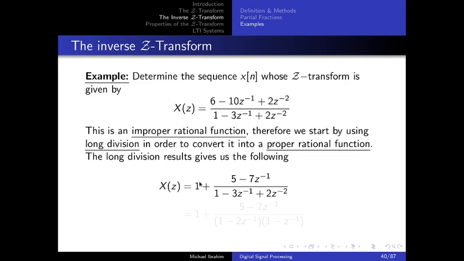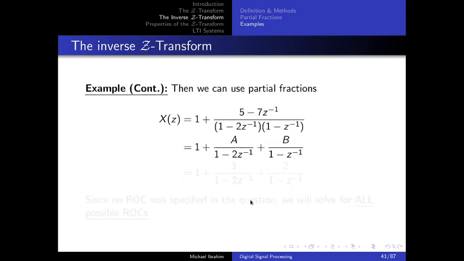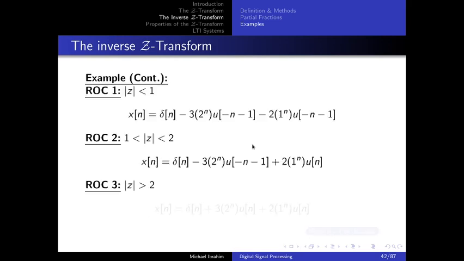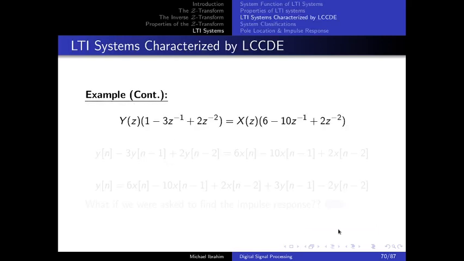Here it's just z to the power 0, but it can also be plus z to the power minus 1 plus z to the power minus 2. And now we will get a proper rational function which can be done using partial fraction, and the general form would be the z to the power minus k terms plus the terms we get from the partial fraction, a constant over 1 minus 2 z to the power minus 1. So let me go back to the general expression we had over here.